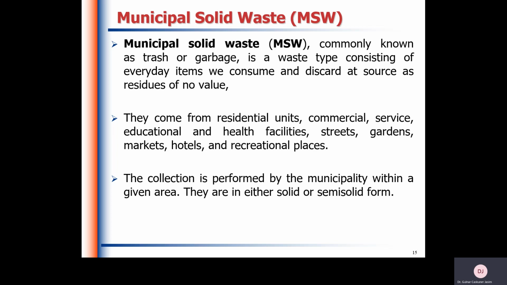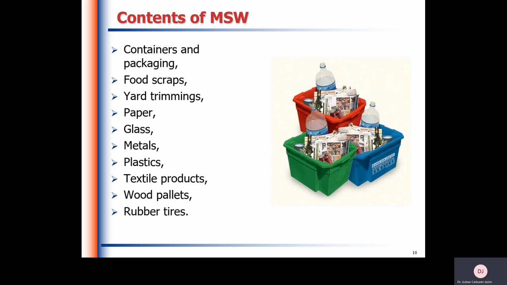The collection of municipal solid waste is performed by the municipality within a given area, and usually this kind of waste is in either solid or semi-solid form. What are the contents of municipal solid waste? You can find food scraps, yard trimmings, containers, packaging, paper, glass, metals, plastics, textile products, wood pallets, and rubber tiles.